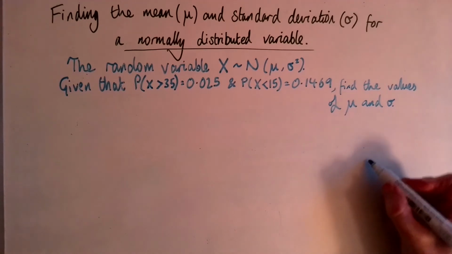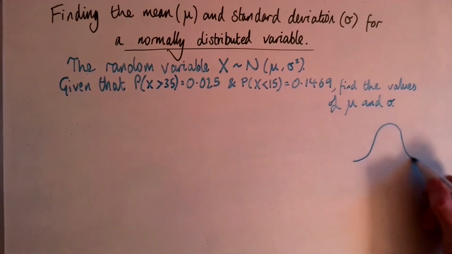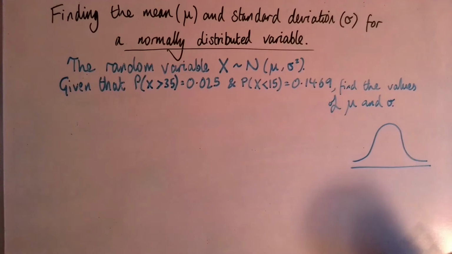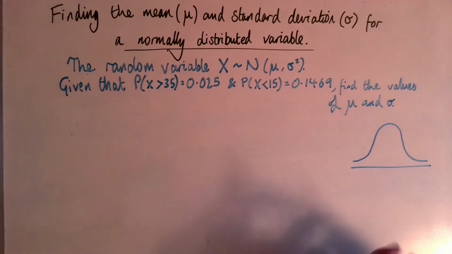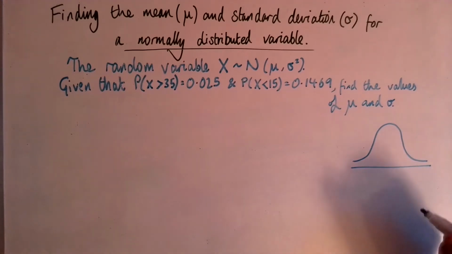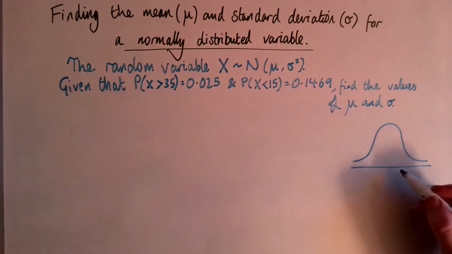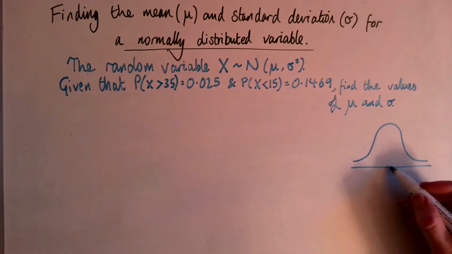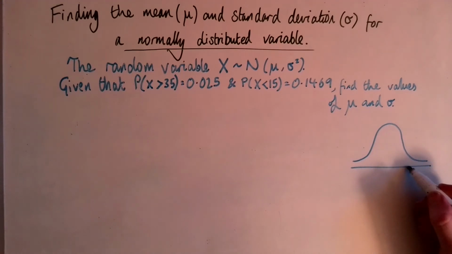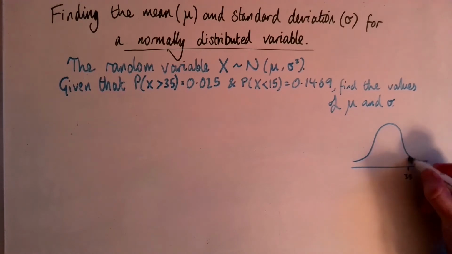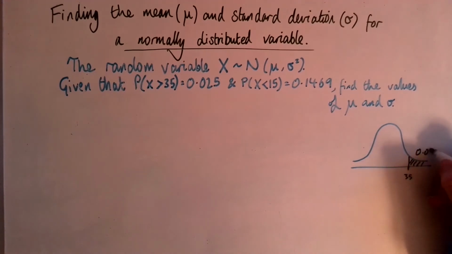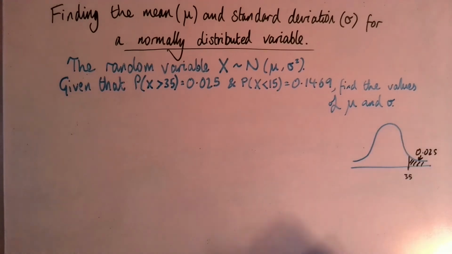Right, so we know we're going to need a bell curve. We know that the probability it's more than 35 is 0.025. So 35 must be right up here somewhere, and there's our 0.025 going in there.